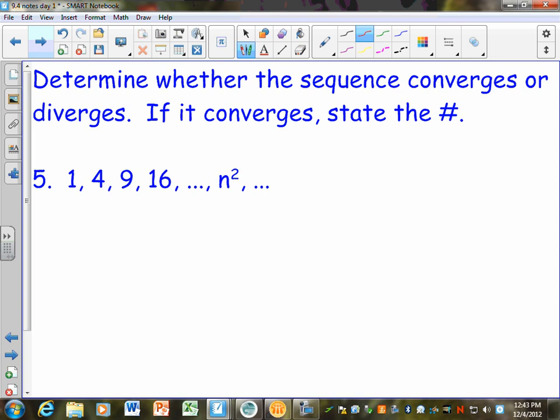This is just a lovely sequence, 1, 4, 9, 16, ... This is the formula for the nth term. If we wanted to find the 5th term, we plug 5 in here and we get 5 squared. So this is like the explicit formula. We want to know what happens as n gets really big.